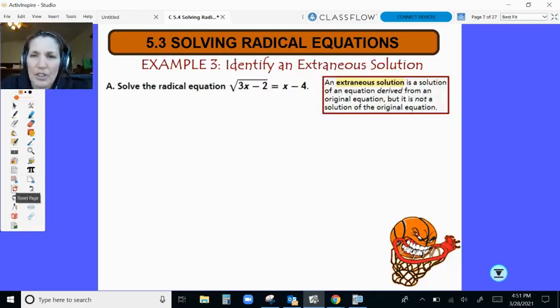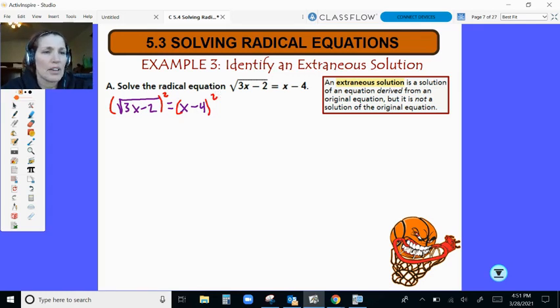Okay, so now we're going to look at identifying extraneous solutions. If you remember from quadratics, an extraneous solution is a solution we get that's not part of our solution set. So we have the square root of 3x minus 2 equals x minus 4. In order to get rid of this radical, we have to square both sides as we have done before.